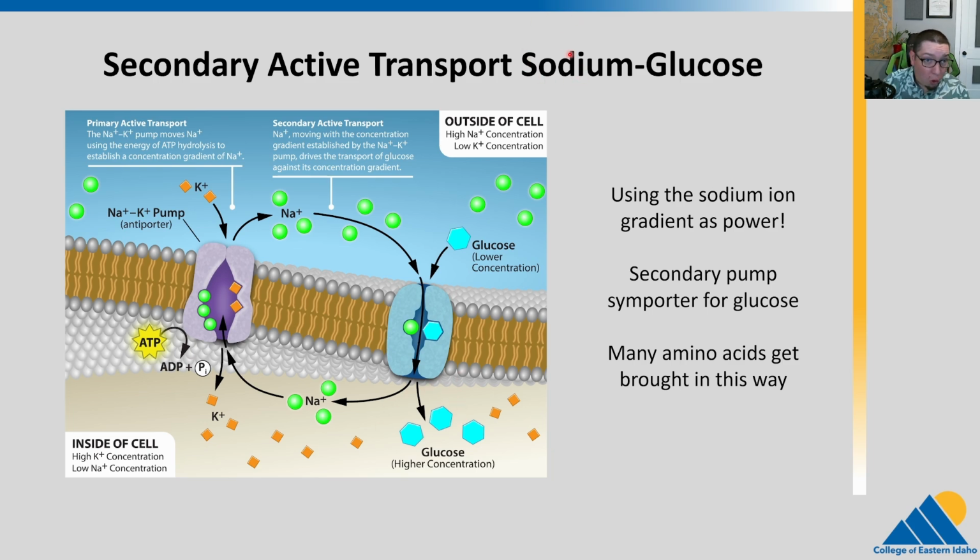So the salt in your sports drink is helping pull the sugar into your cell where it's needed to then build energy from that. So our sodium ion gradient is powering this glucose pump here. To build that gradient, we have to use a different pump, right? This is the process to get glucose into our cell. Many amino acids are also transported in a similar mechanism to this.